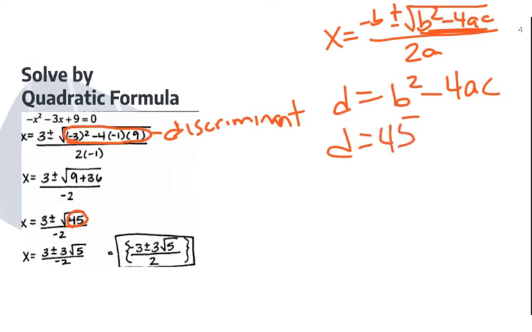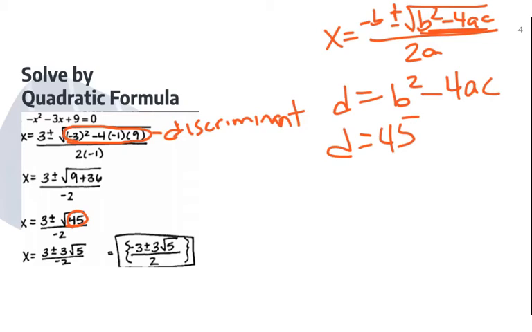Do you guys remember from that lesson how many roots you would have? Remember, it's a positive 45. Now, if you don't know, then you should just solve it, or graph it.